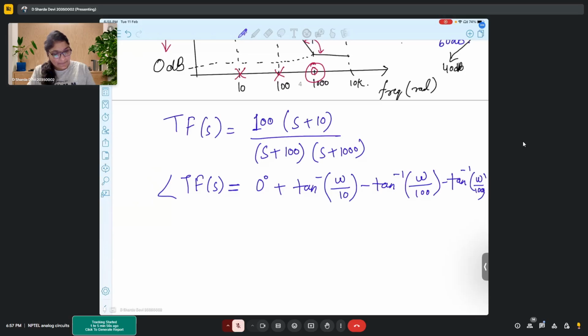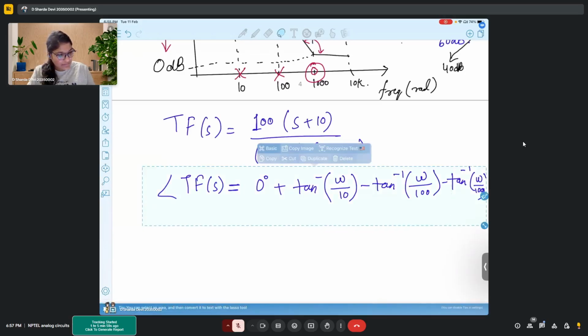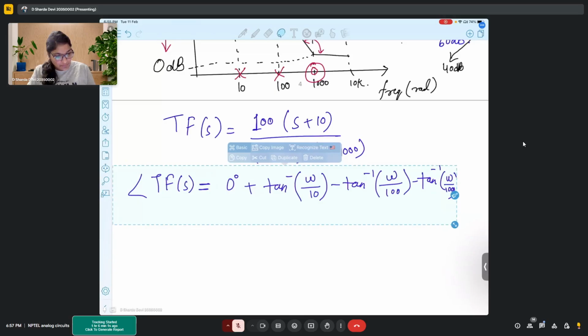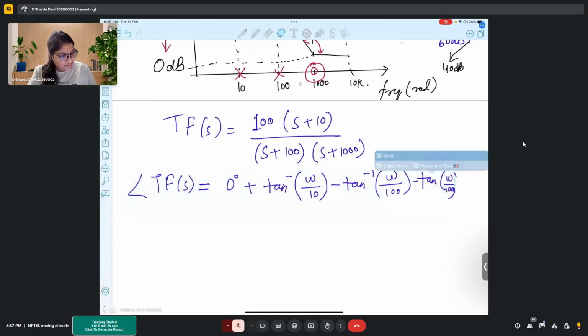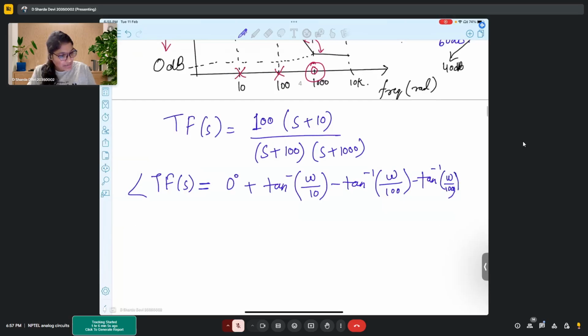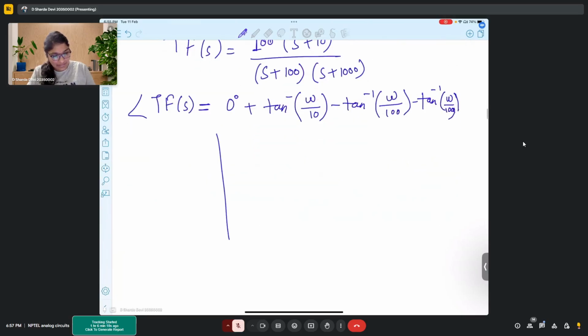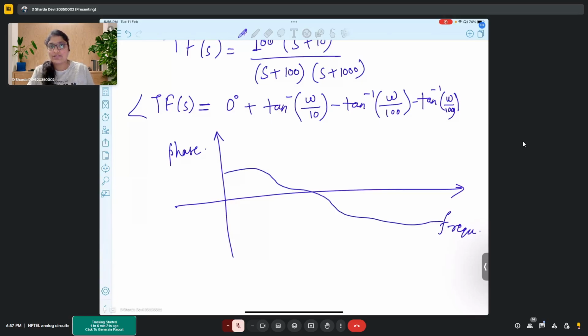Now in this particular phase equation, you'll start putting in values of omega, and with different omegas you will get the phases, and you will plot frequency versus phase. It will somehow look like this. Okay, ma'am. That is the idea.